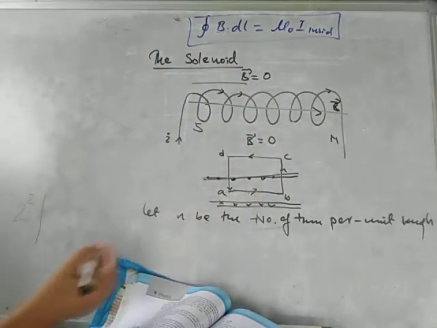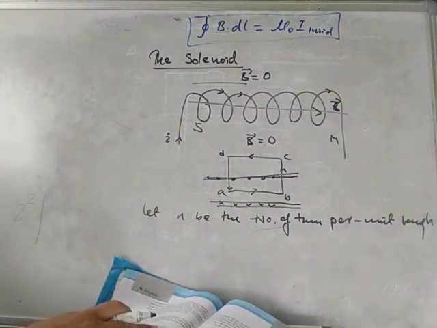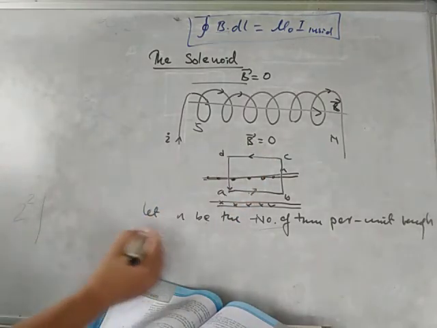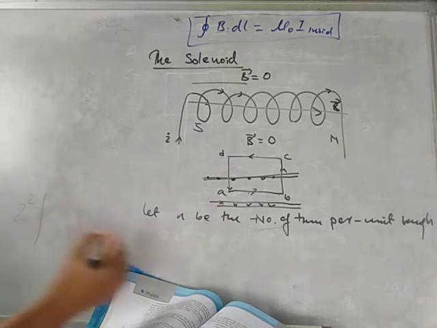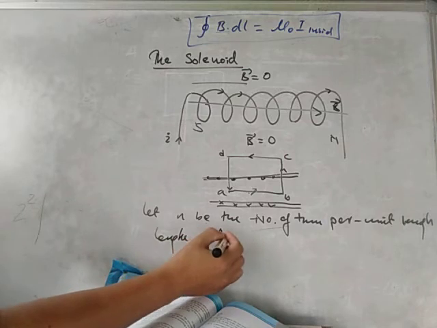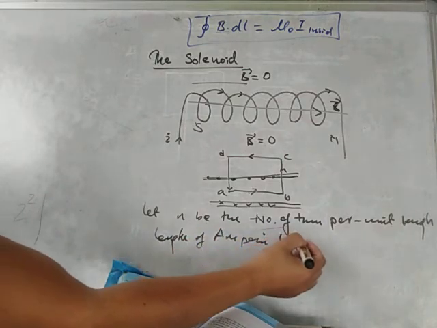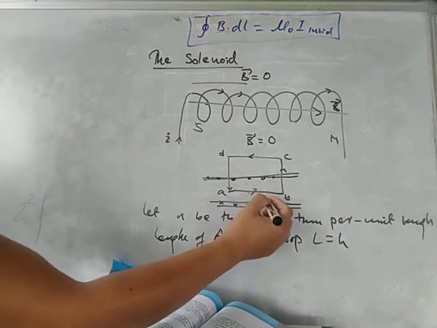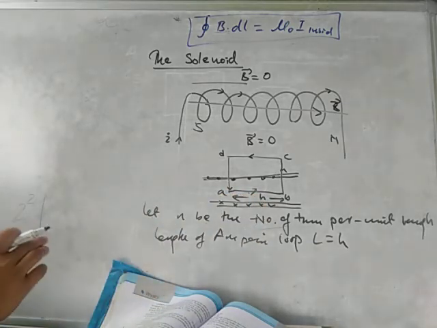So n times, isn't it? So again, let this be the length, the length of the Amperian loop, L equals h. Okay, h is the length, the height of the cylinder. So length.